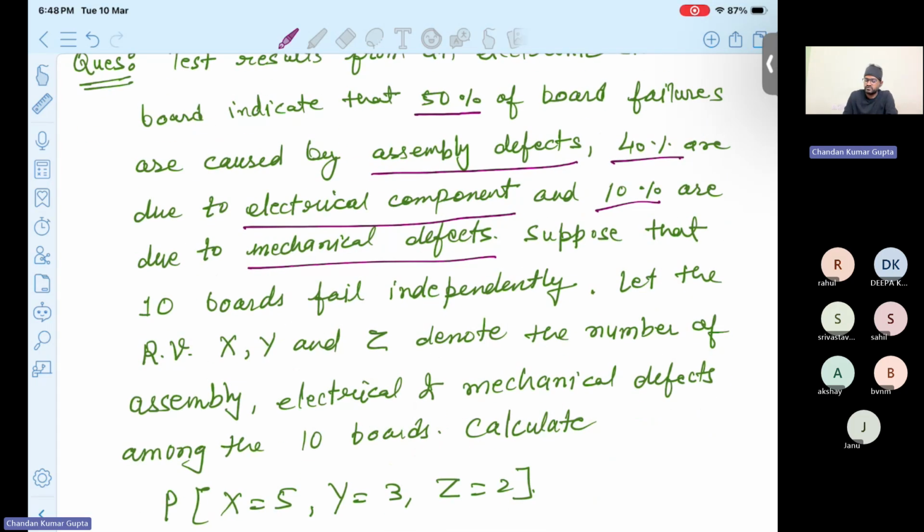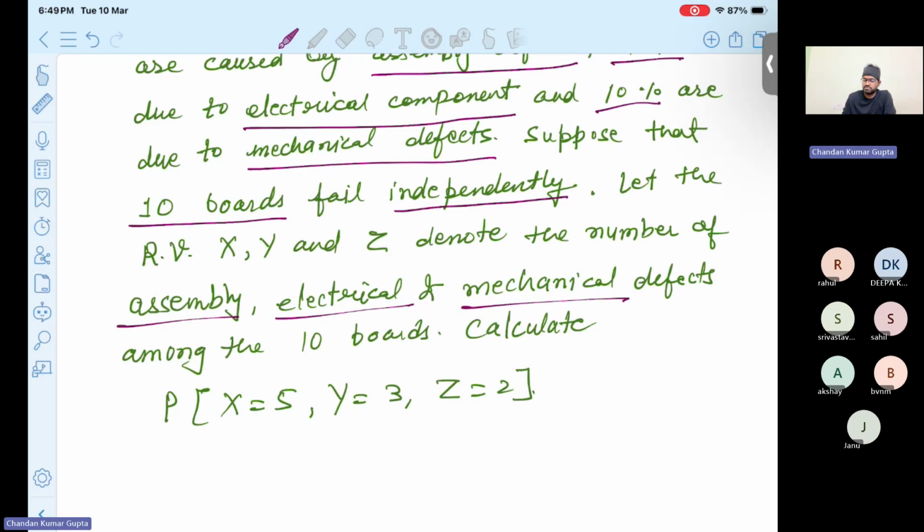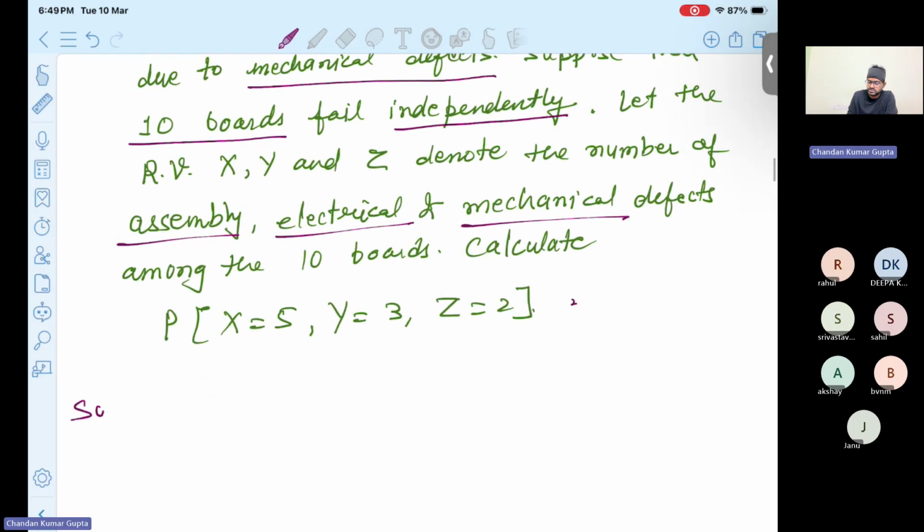Then we have 10 boards, and these 10 boards fail independently. X is assembly, Y is electrical, and Z is mechanical. So we need to find the probability that X is equal to 5, Y equal to 3, and Z equal to 2.